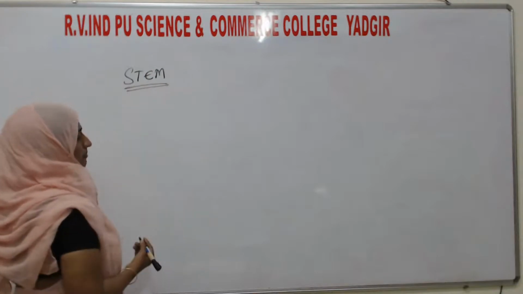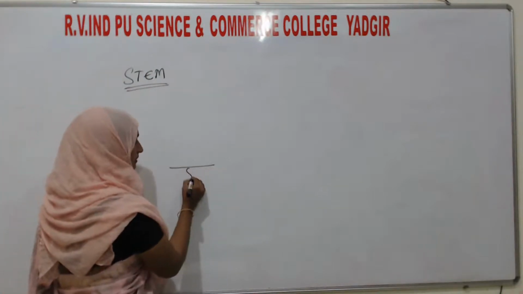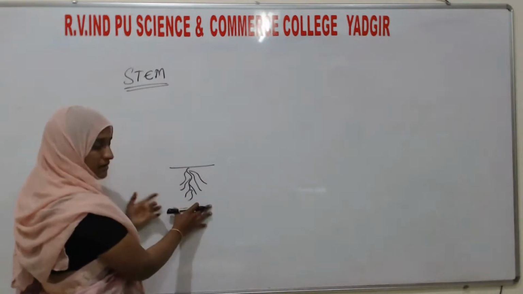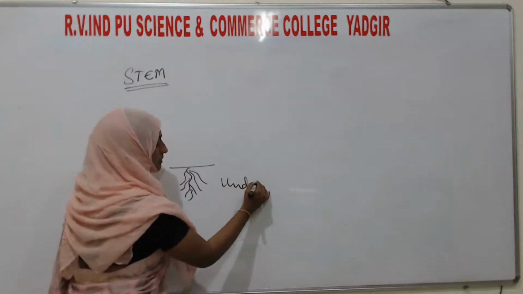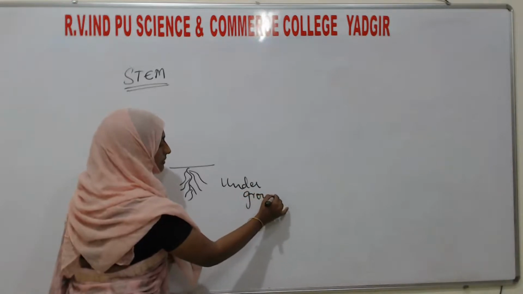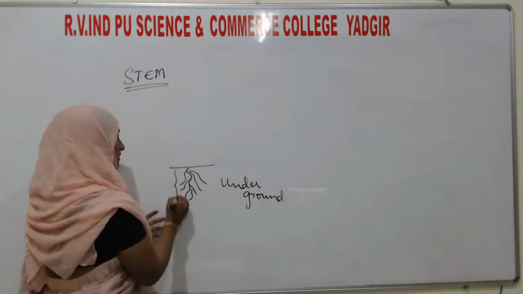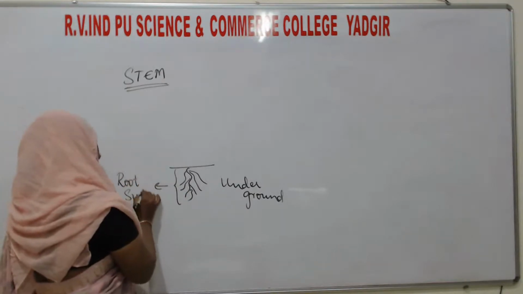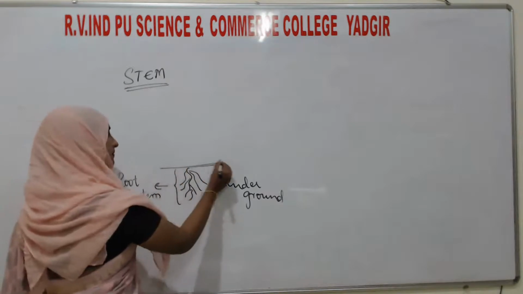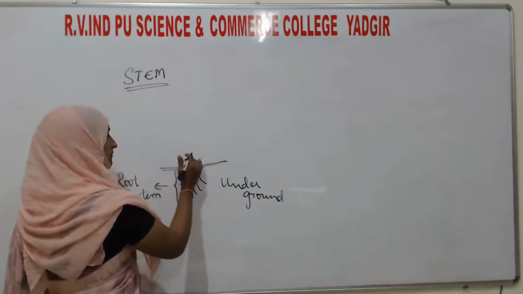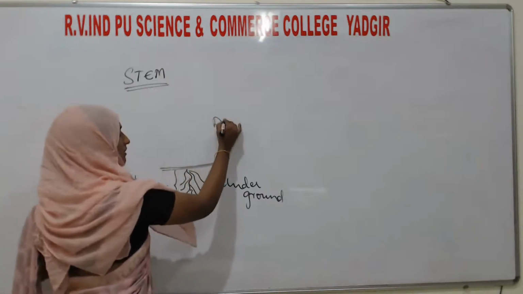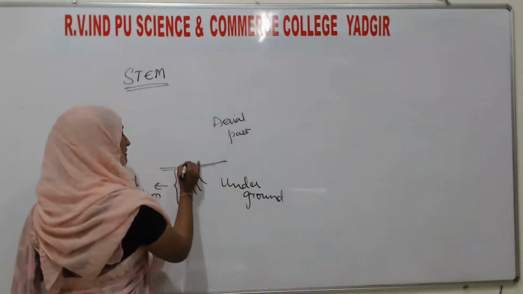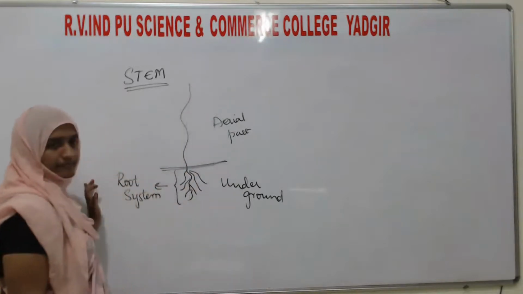What does stem mean? You had seen there is a presence of roots in the underground region, and this system we can call the root system. Above the ground surface there will be the presence of an aerial part, and this is known as the stem.